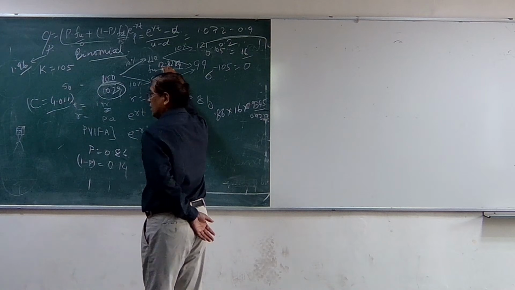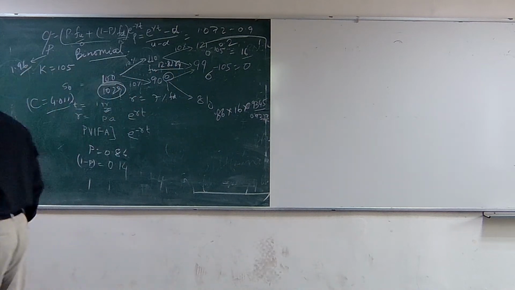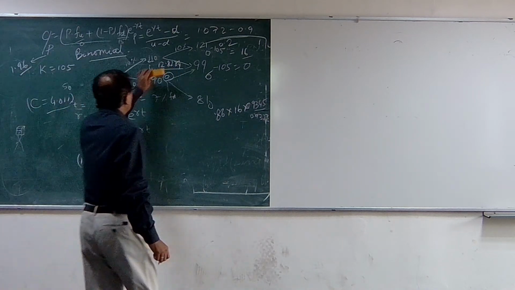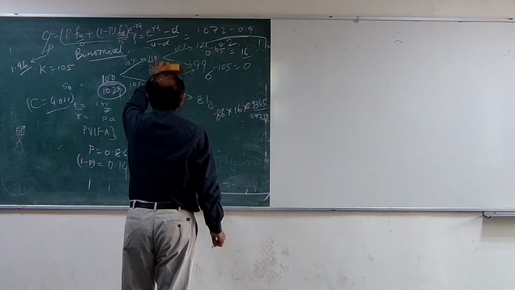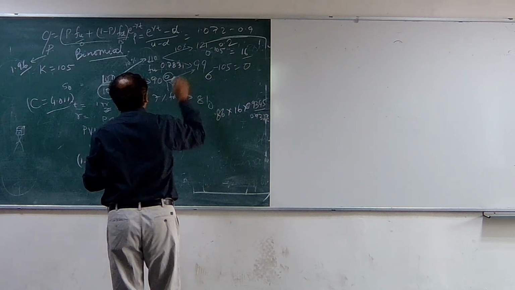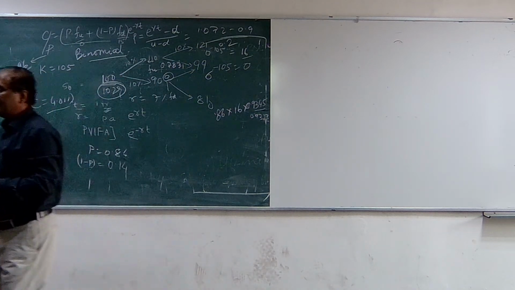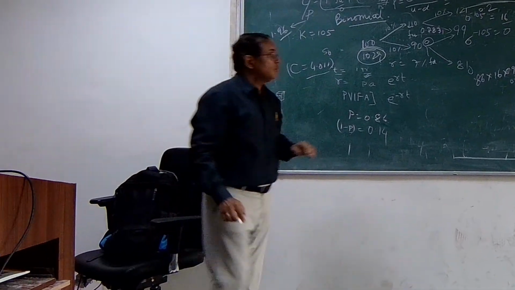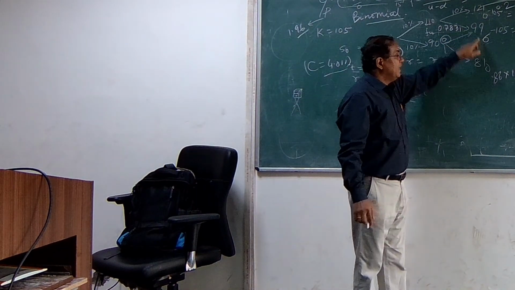So here your value is going to be 0.71, 0.7831. Now calculate for these two, 99 and 81.